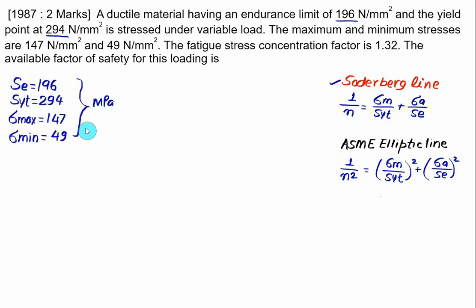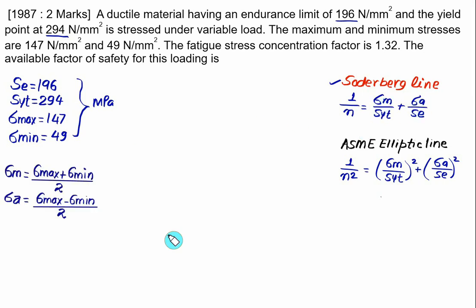We have endurance strength equal to 196 megapascal, SYT is 294, sigma max is 147 and sigma minimum is 49. To solve this equation, we require the mean stress and the amplitude stress. We know that the mean stress is sigma max plus sigma minimum by 2, that is 147 plus 49 divided by 2.